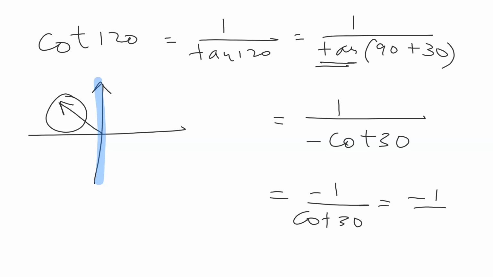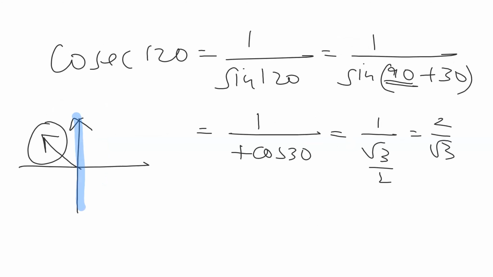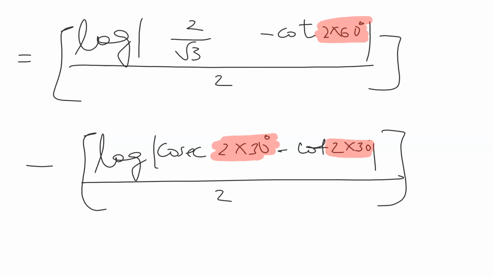So root 3. Cot 30 is root 3. So this is minus 1 by root 3. So I'll replace cot 120 by minus 1 by root 3. There is already a minus sign over here. It would mean minus 1 by root 3.